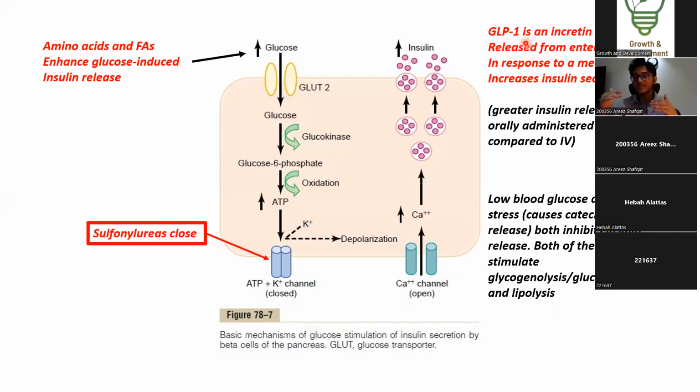If you administer glucose orally, glucose goes up and amino acids as well, but in addition, you have GLP-1 release. So this causes insulin secretion in response to a meal. Therefore, insulin release after orally administered glucose is higher compared to if that glucose was given IV. Does this make sense?